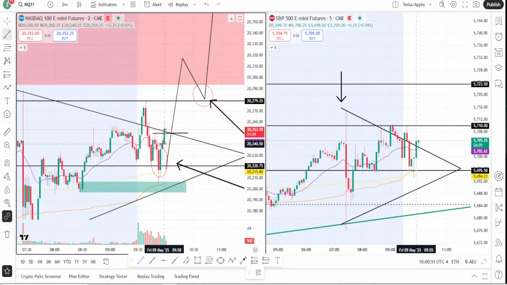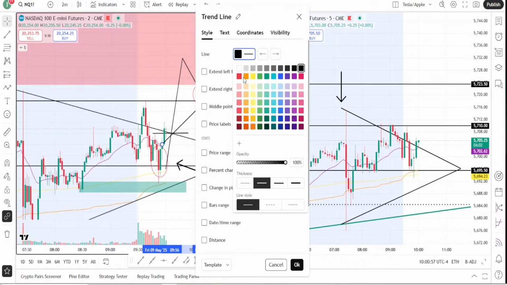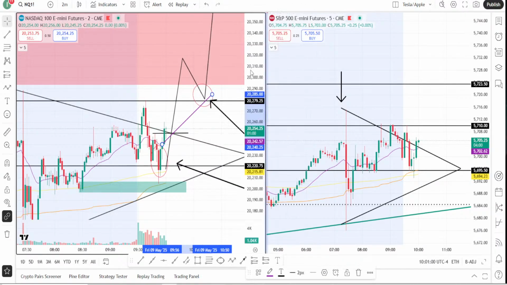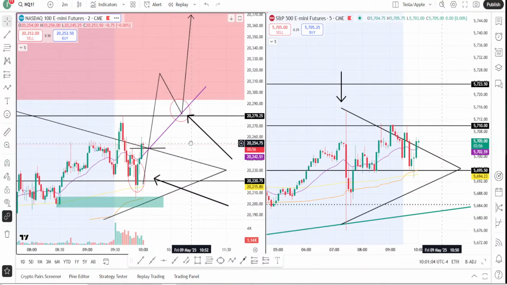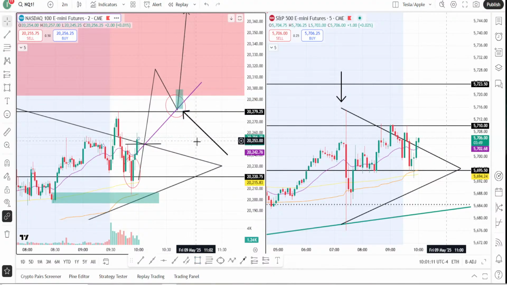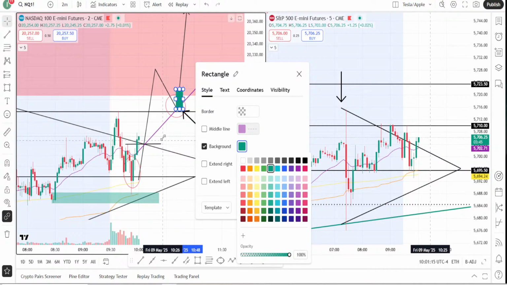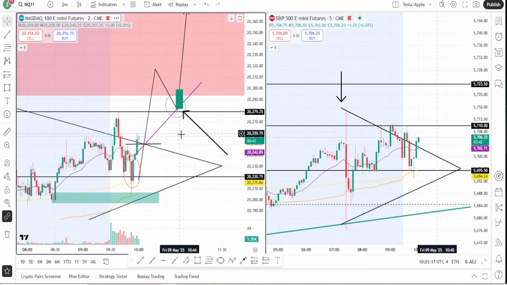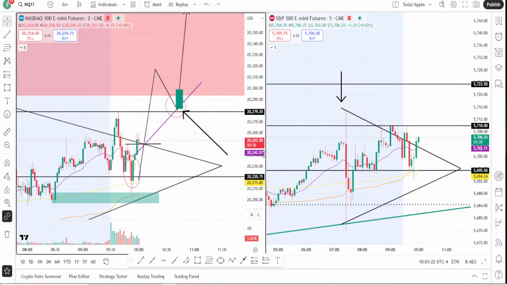And after the 21 starts to incline, we get some kind of pullback to it, and I would be looking for my entry right about here. Does that make sense?